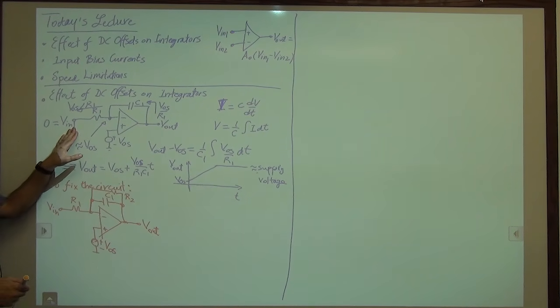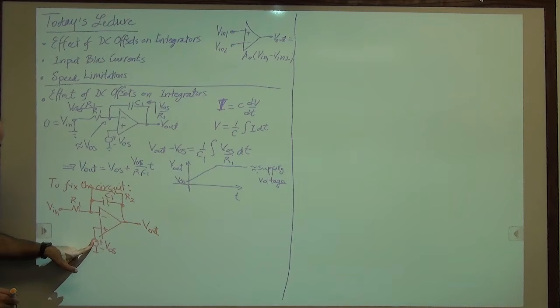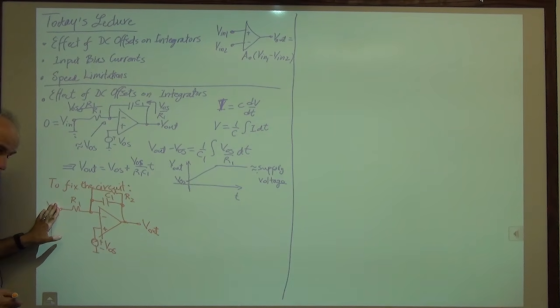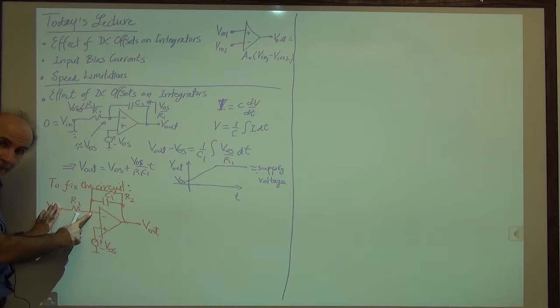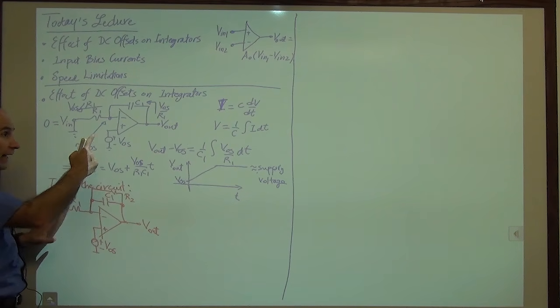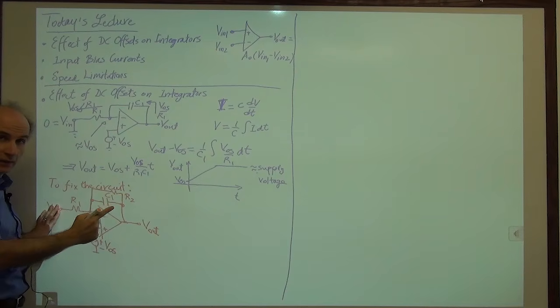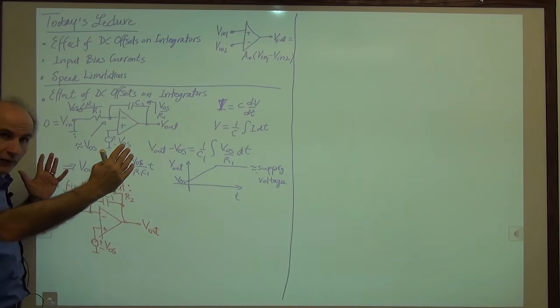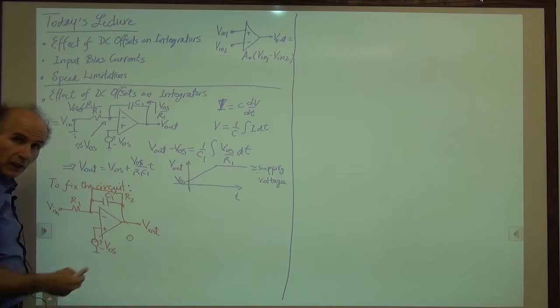If I consider the previous case, I still have an offset here. Let's say the input is 0, which means I still have VOS here, which means I still have a current of VOS over R1 through R1. Now previously that current had to flow through C1, and the voltage across C1 grew and grew and grew, and that's what we got.